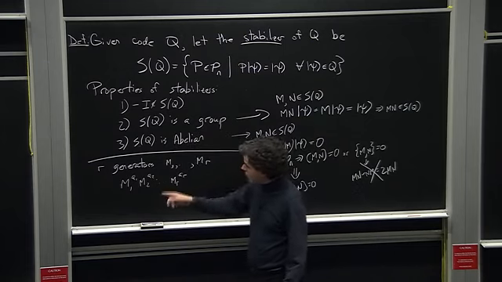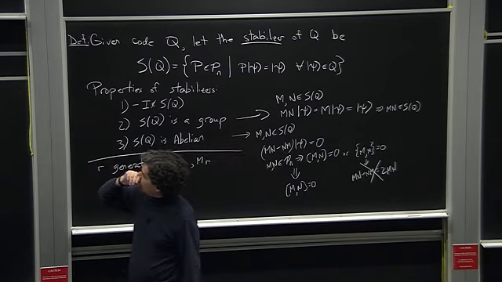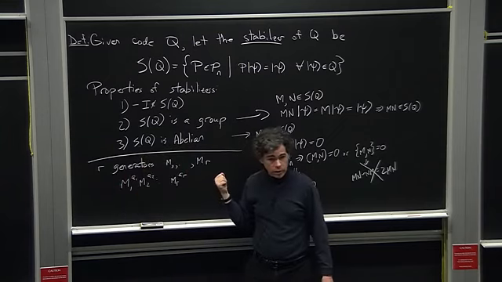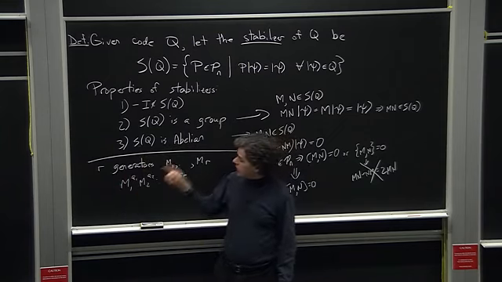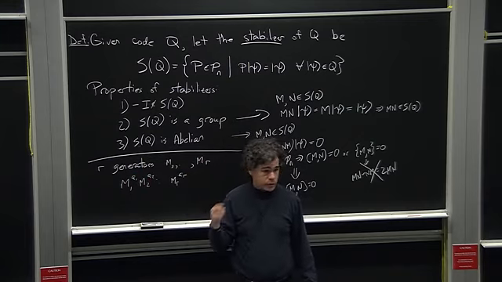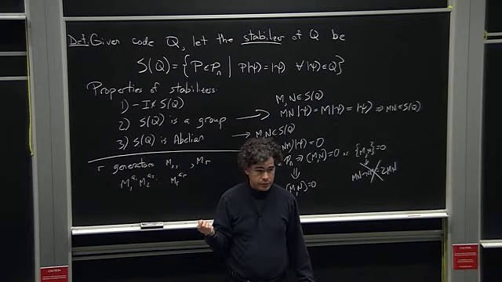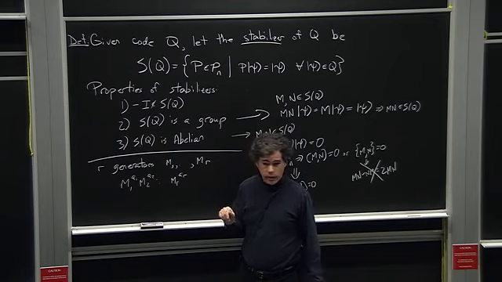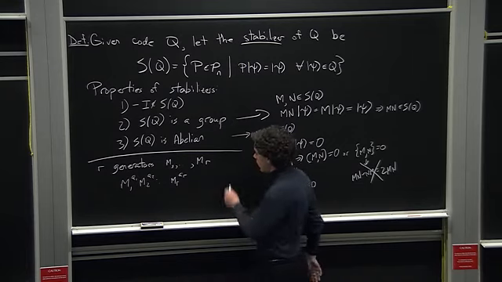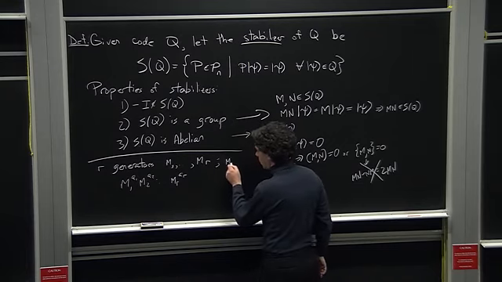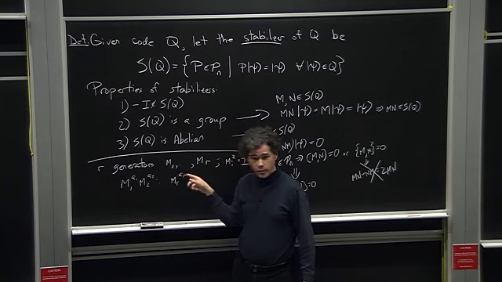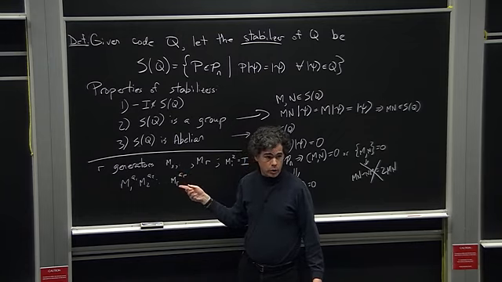And moreover, remember that if P is in the Pauli group, and all of these M1 through MR are in the Pauli group, then P squared is equal to plus or minus I. And it can't be minus I because minus I is not in the stabilizer. So that means that Mi squared is equal to the identity. And so that means that these powers that we take can only be 0 and 1.